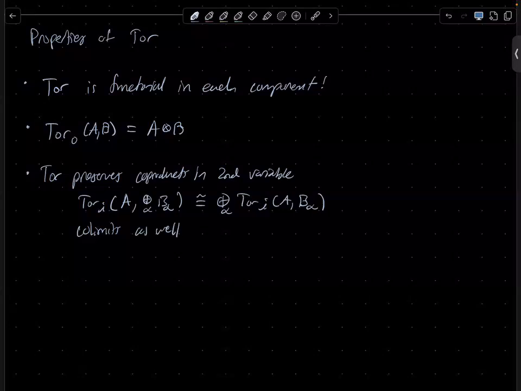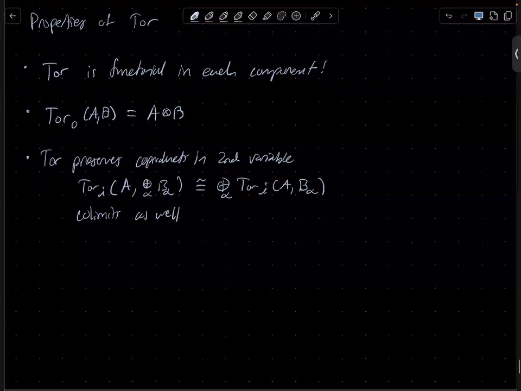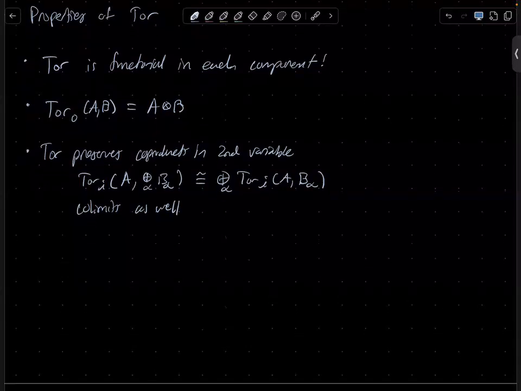So we didn't see this for Ext, though Ext should do something similar, but here it is specifically for Tor. Tor_i of A with the colimit of B_alpha is isomorphic to the colimit of Tor_i of A with B_alpha.